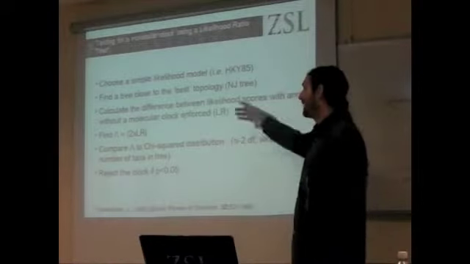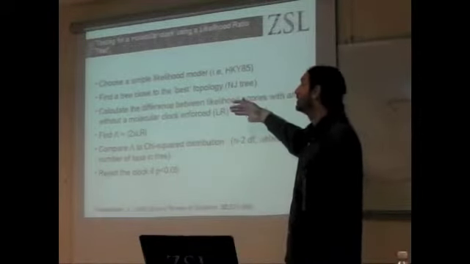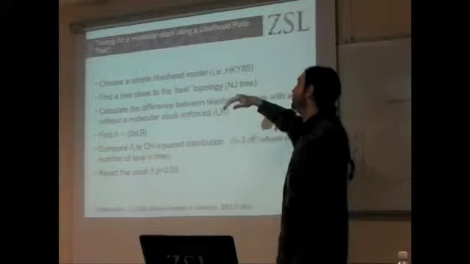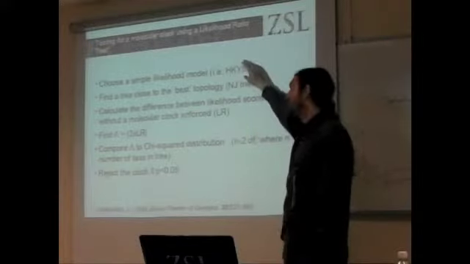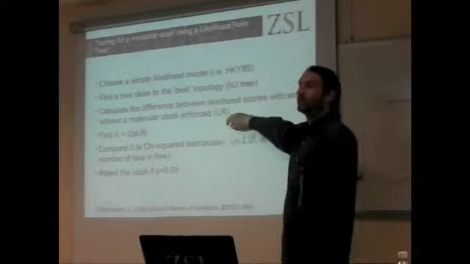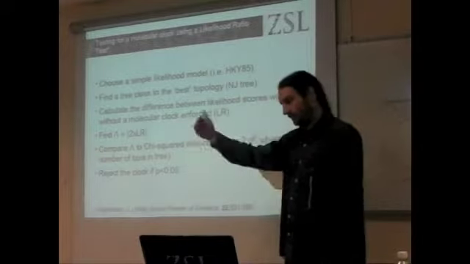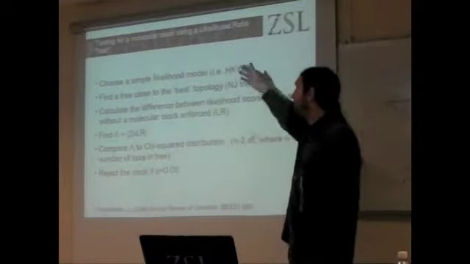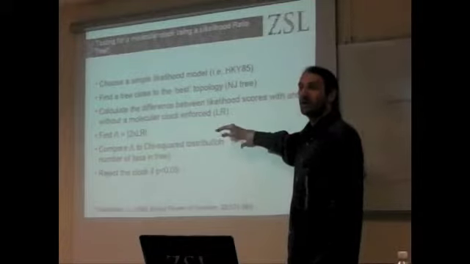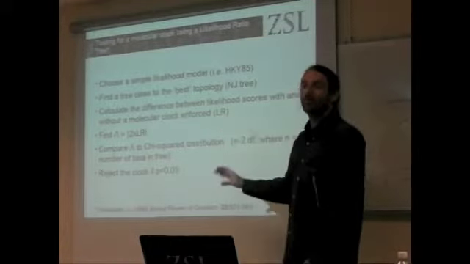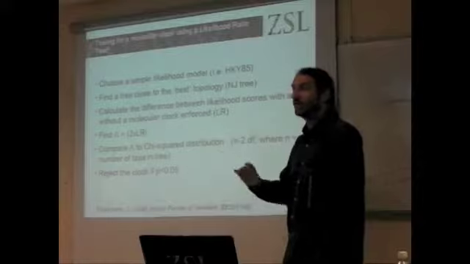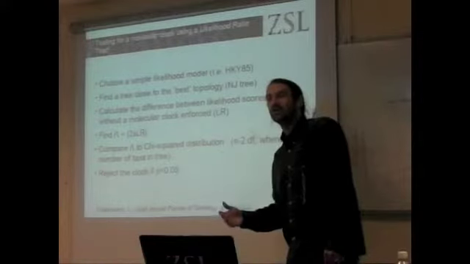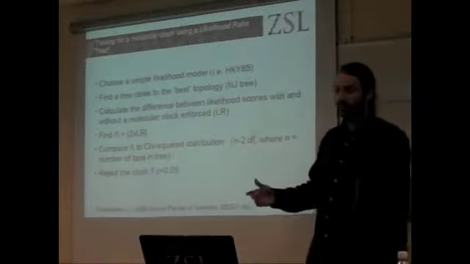We're not going to go into it now, but I just want to point out that we make a reasonably good tree. We enforce a molecular clock, that is a constant rate of substitutions, and then we make the best tree without that constraint, and we compare them to see whether there's a significant difference, and that tells us whether our data conforms to a molecular clock.